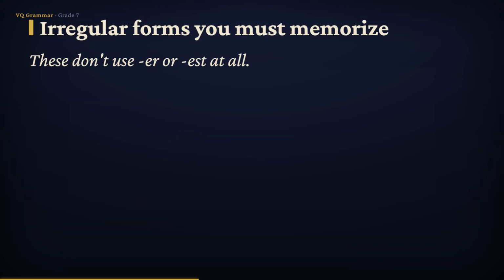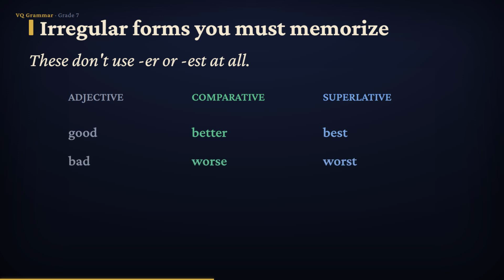Now, for a small group of adjectives that refuse to play by the rules. These are irregular. They don't take -er or -est at all, so you simply have to memorize them. Good doesn't become gooder. It becomes better and then best. Bad becomes worse and then worst.